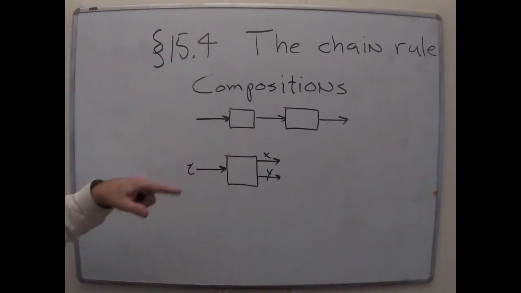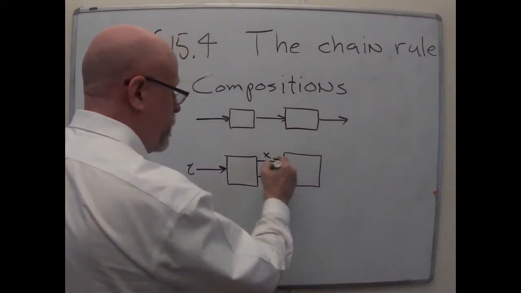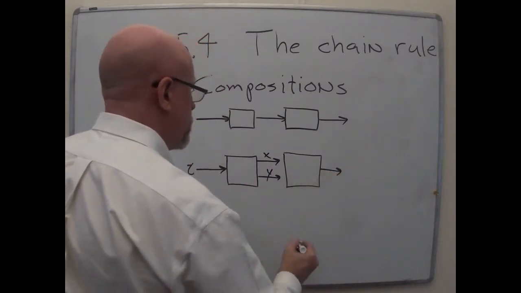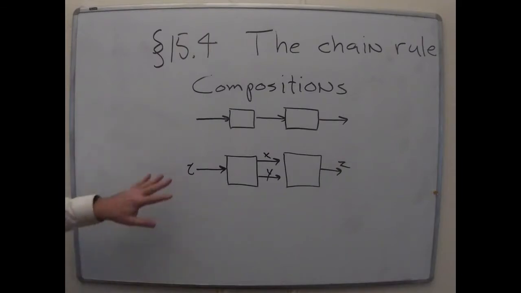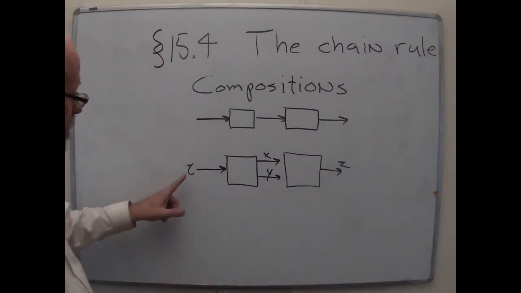What can we hook that kind of thing up to? Well, here's an idea. We can hook that sort of thing up into a box that takes two inputs, x and y, and produces a single output. Maybe z. Now, physically, what have I just described? I was just thinking about how to hook together black box diagrams, but this is actually really interesting.